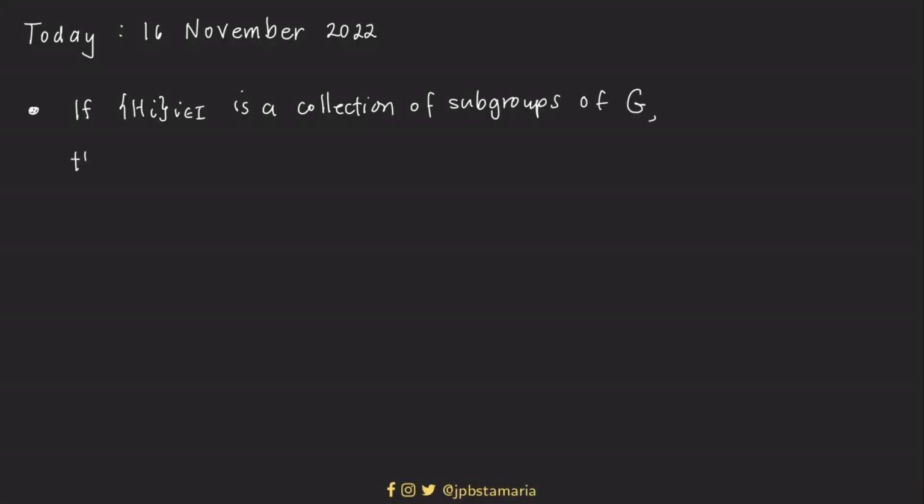The intersection theorem tells us that if you have a collection of subgroups of a group G, of course, then we were able to prove that the intersection of these subgroups will still be another subgroup, no? Is again a subgroup of G.